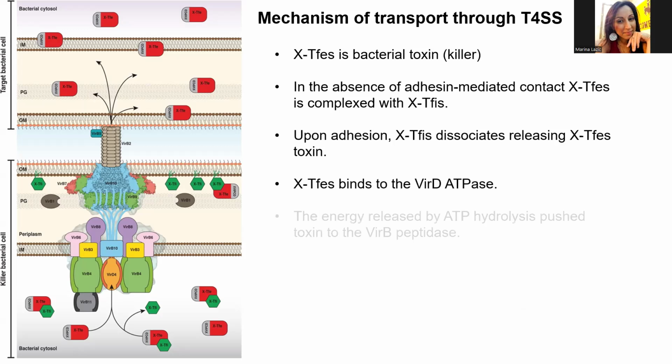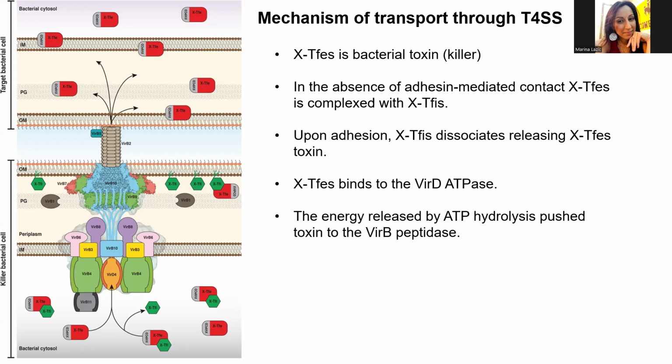Again, notice that they are all Vir proteins. The energy that is released by ATP hydrolysis, so when the toxin binds to the ATPase, that will cause ATP hydrolysis, and that will push the toxin to the peptidase.